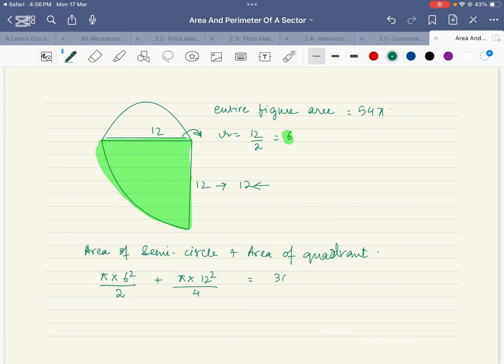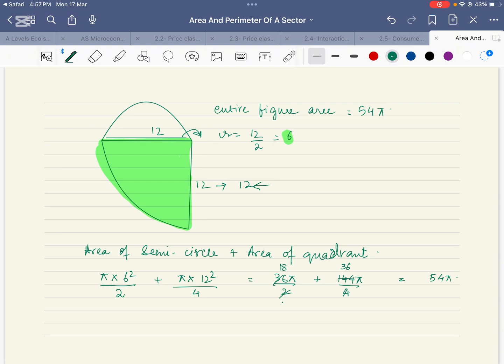So this is 36 pi plus 144 pi upon 4. When you cancel it, the first becomes 18 pi, and the second becomes 36 pi. So 36 plus 18 is 54 pi, hence proven.